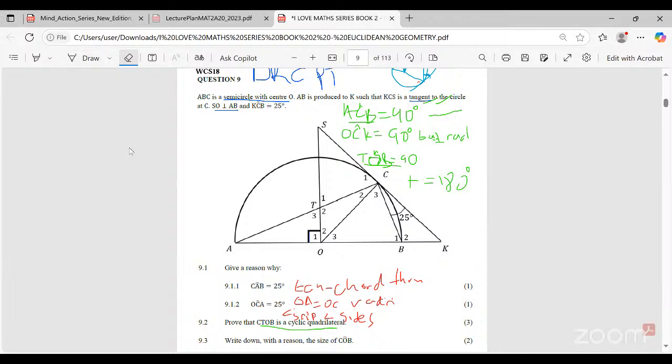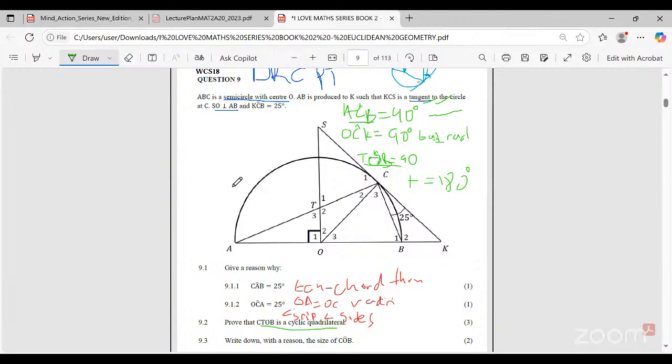Are you getting there? Maybe this is a bit of a stretch, but as we see that SCK is a tangent because it was given to us, the angle BCK is 25 degrees.